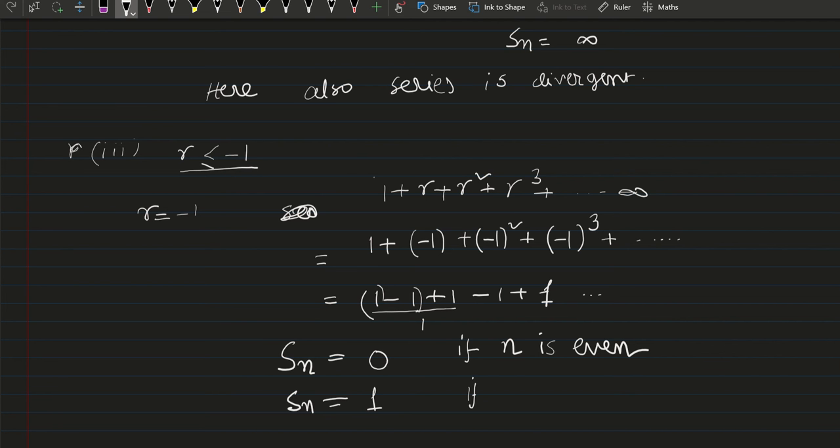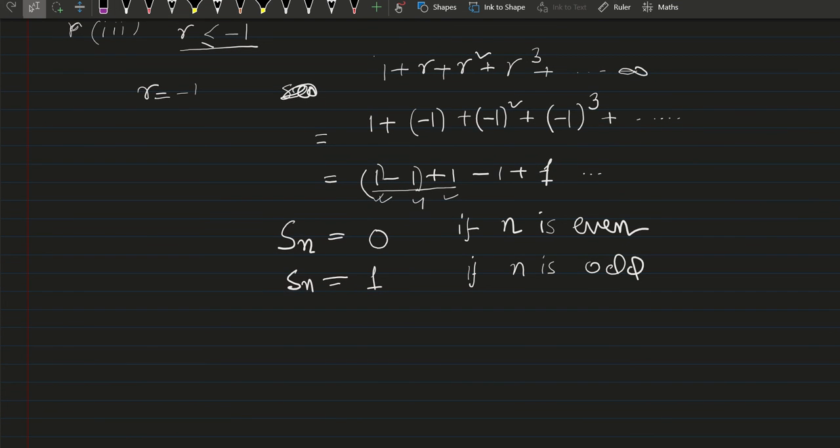If we take n equal to 1, then it will be 1. If we take n equal to 3, then it will also give the value 1. So hence the series oscillates between 0 and 1.